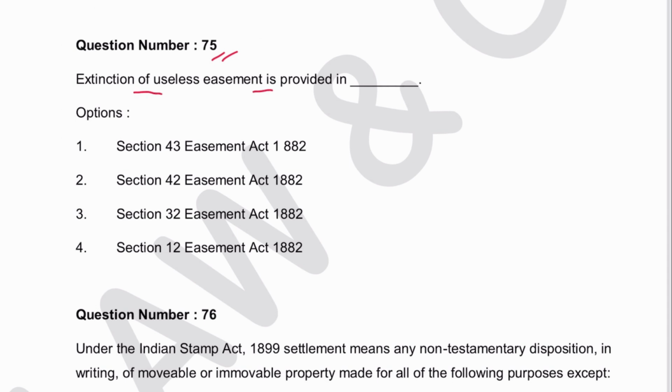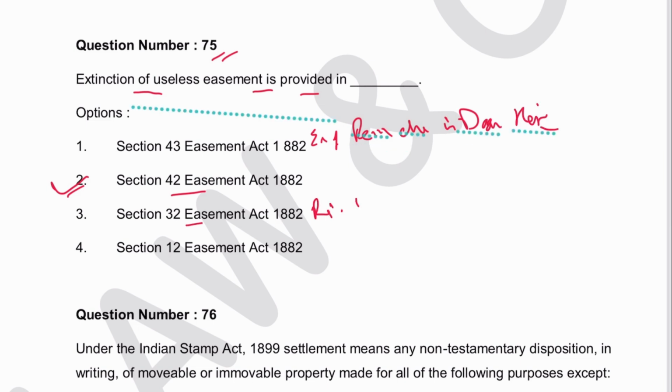Extension of useless easement is provided in Section 42 of Easement Act. 2 is the answer. What is 43? Extinction on permanent change in dominant heritage. Okay. 32 is right to enjoy without disturbance.